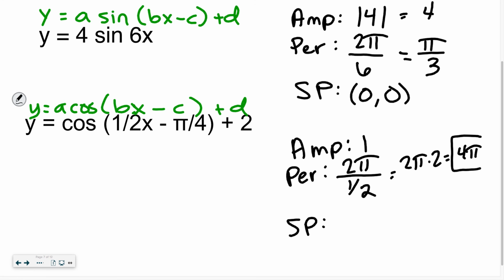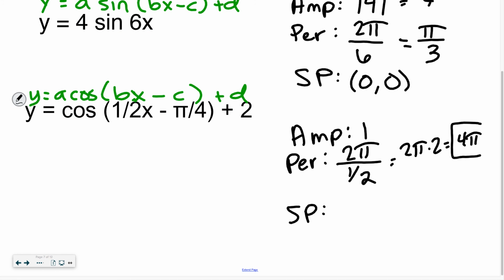Okay, starting point. Now we got some interesting C's and D's, right? C over B is the one we want to work on. Okay, careful here. What is C in the equation? What's the value of C? Pi over 4. And Aiden is saying positive, right?